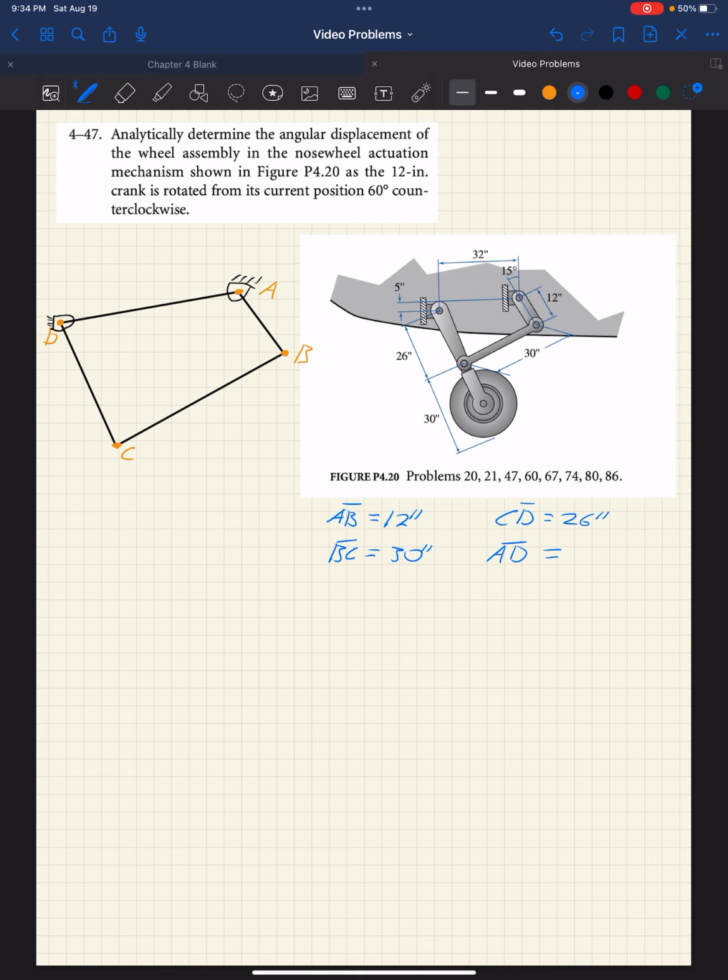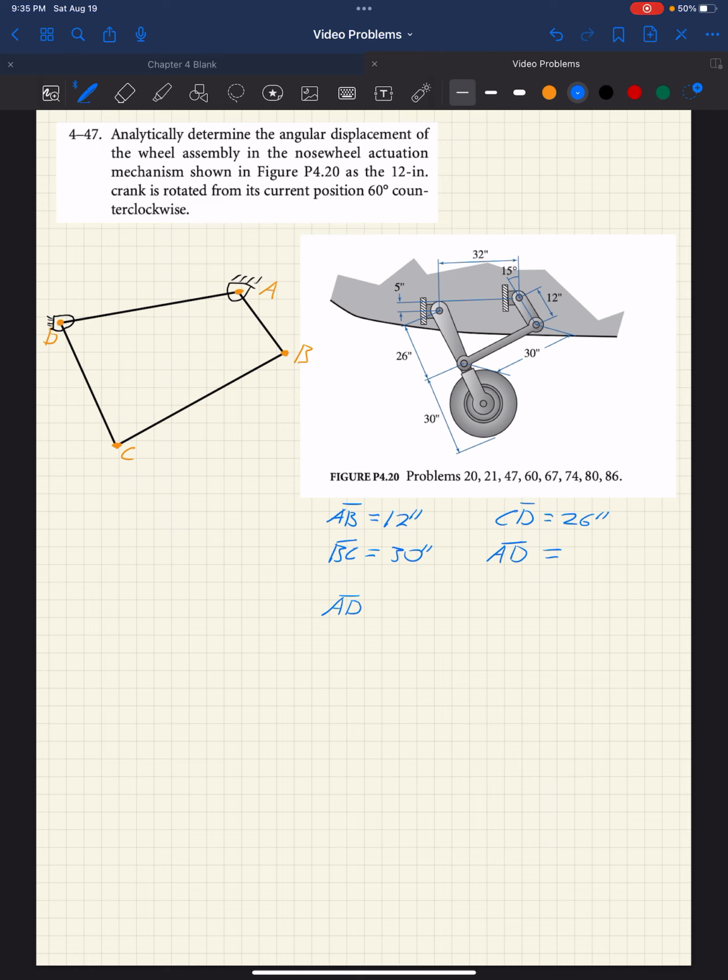So to solve AD, it's real simple. It gives us this 5-inch height and this 32-inch horizontal distance.